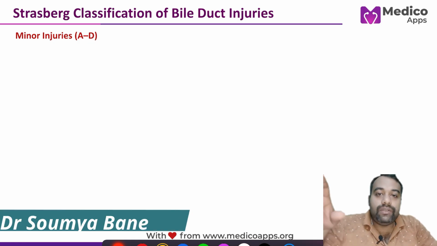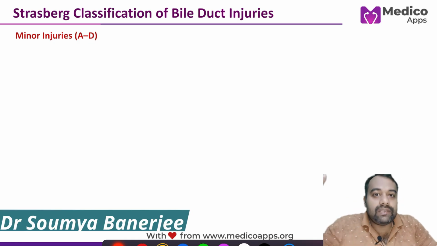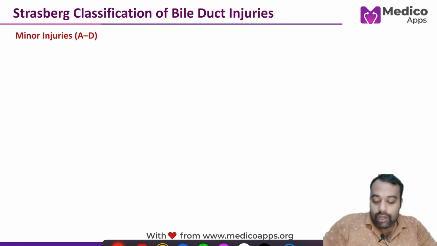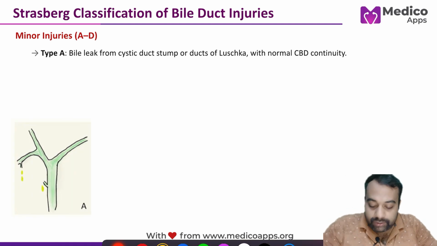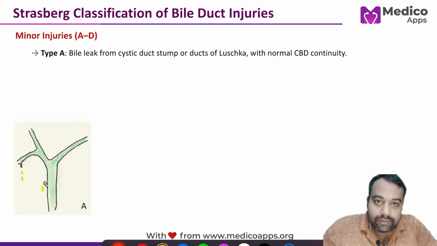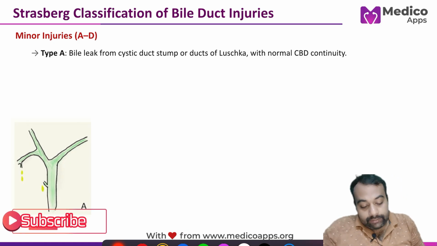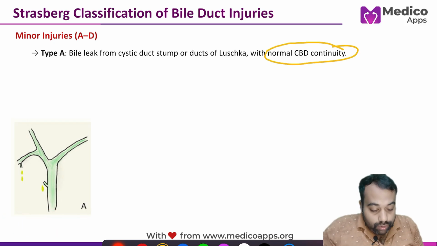This type E injury is again subclassified by Bismuth, which is why it's known as the Strasberg and Bismuth classification. In this classification, type A is suggestive of a bile leak, either from the cystic duct or from the duct of Luschka, right? And there is normal CBD continuity.